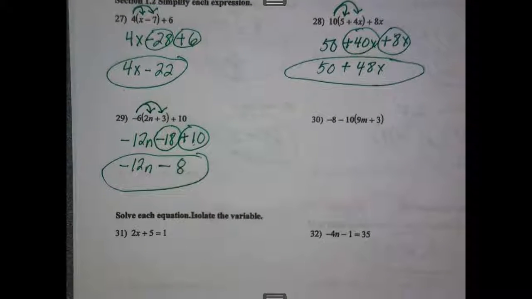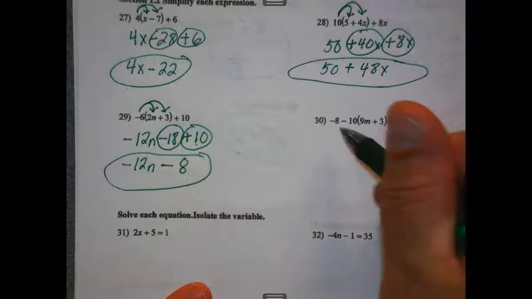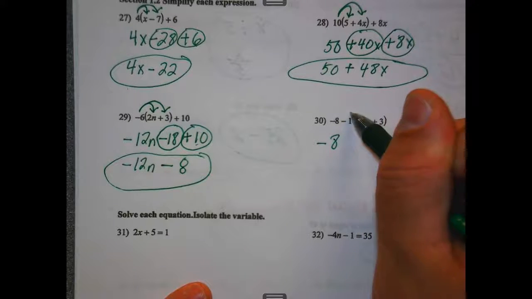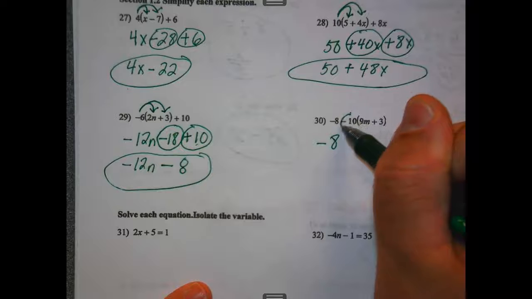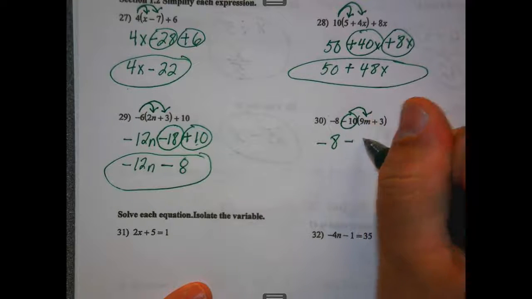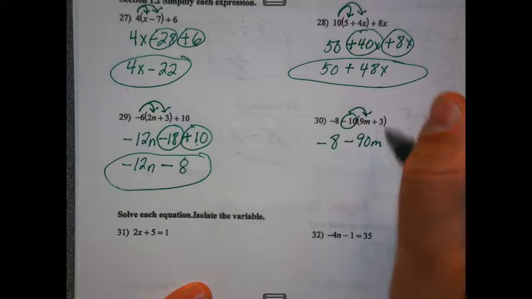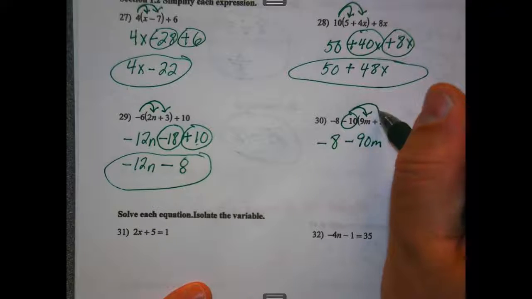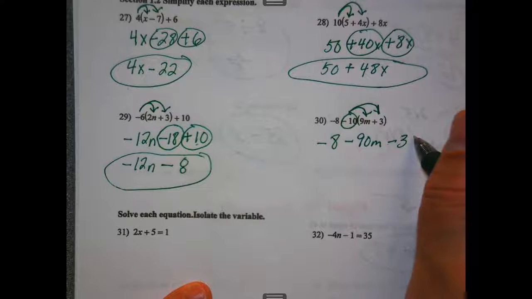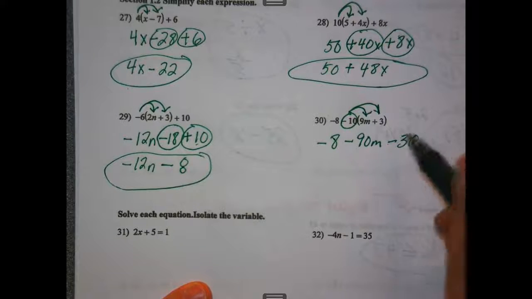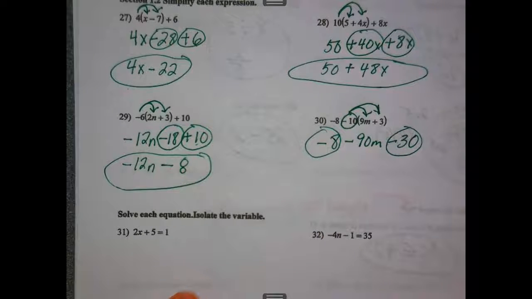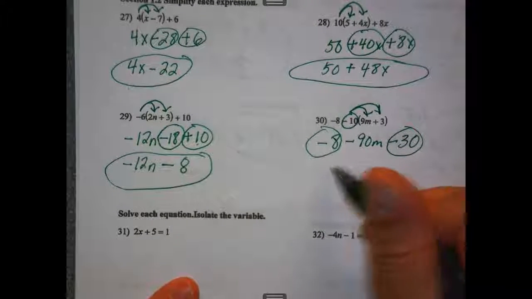And number 30. Not doing anything with minus 8, bring it down. Negative 10 times 9m. Good. Negative 10 times positive 3. Negative 30, right? Combine the constant terms.